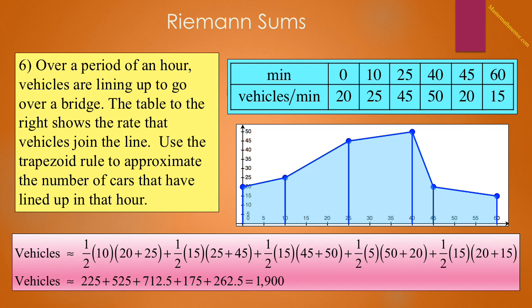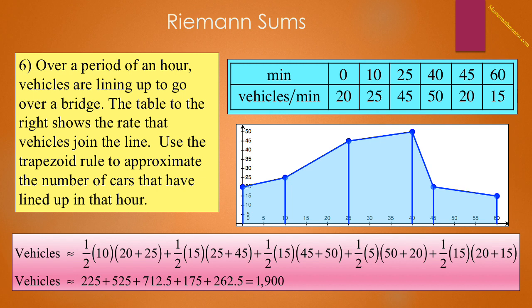So doing the math, we get 225 plus 525 plus 712.5 plus 175 plus 262.5, and we get that approximately 1,900 vehicles have lined up in that hour.